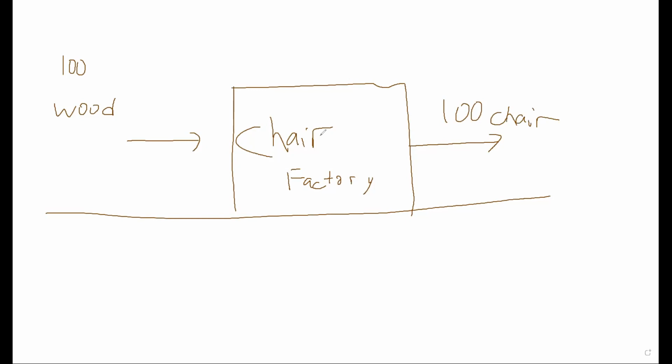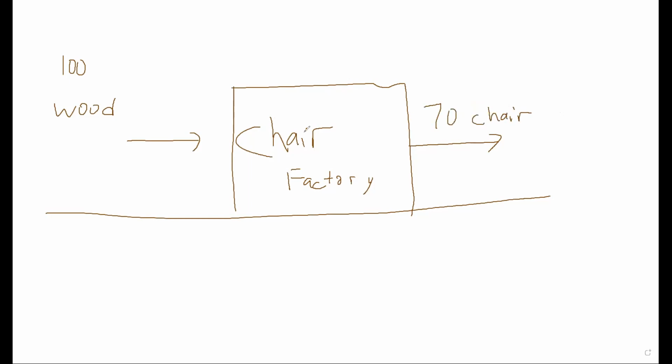Definitely not, right? Unless your chair is like the size of a plank, logically speaking, it's not possible. Let's imagine if I feed in 100 pieces of wood, and let's just say I optimize it to the maximum, I have 70 chairs coming out from this factory here.